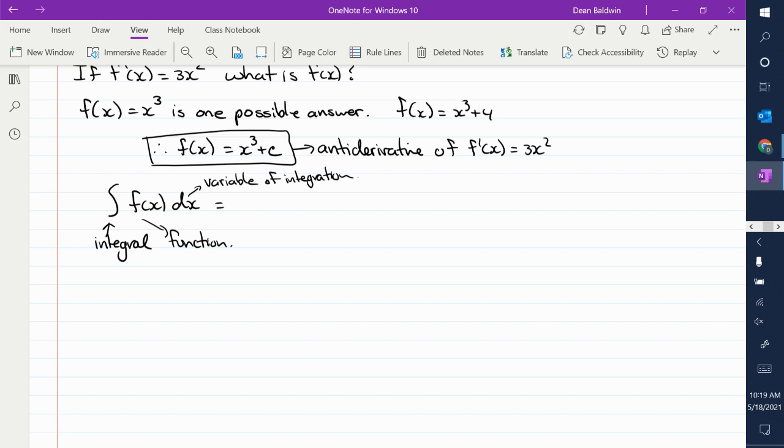And this is basically saying find the antiderivative, okay? Which we represent as a capital F plus C. This is the antiderivative of f of x, I should say.